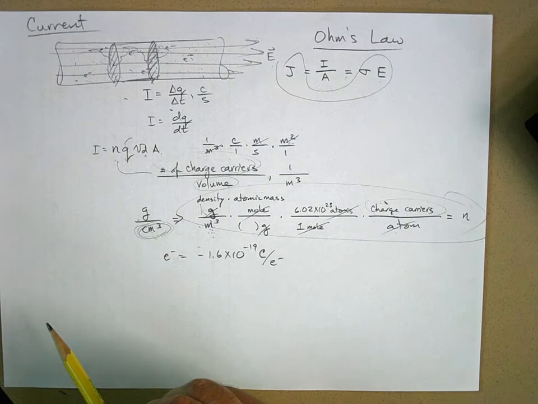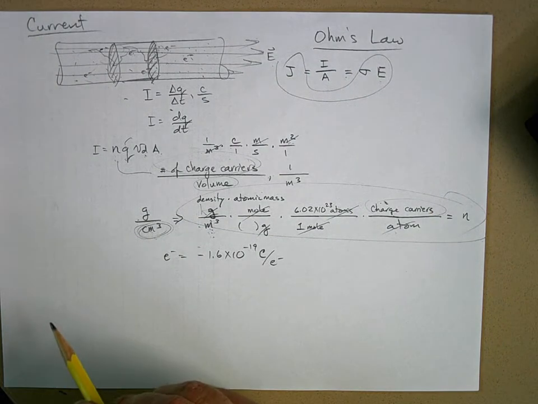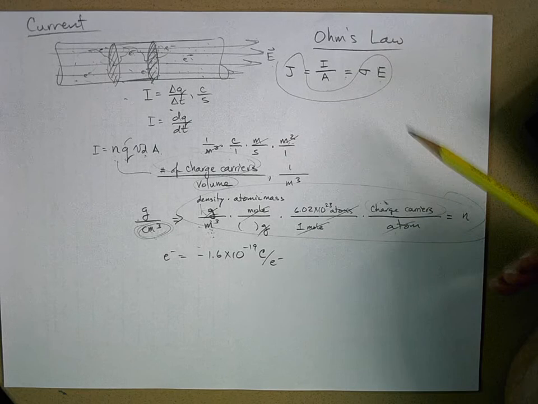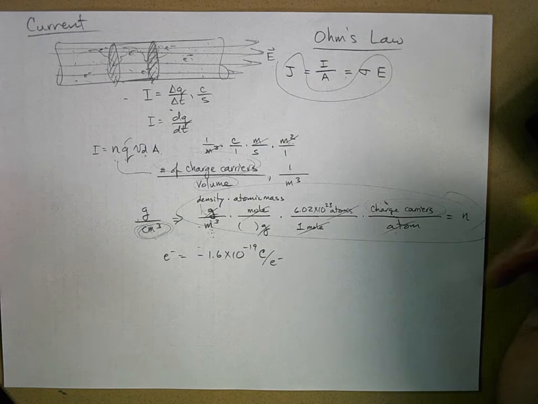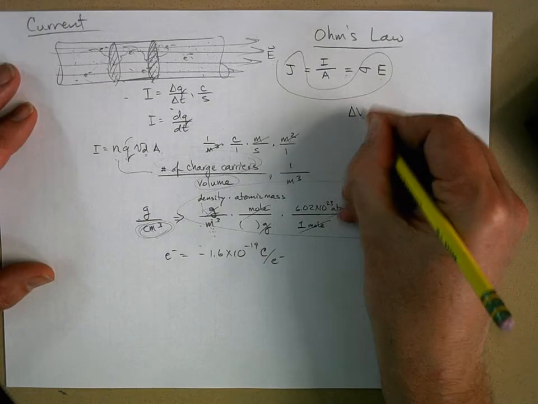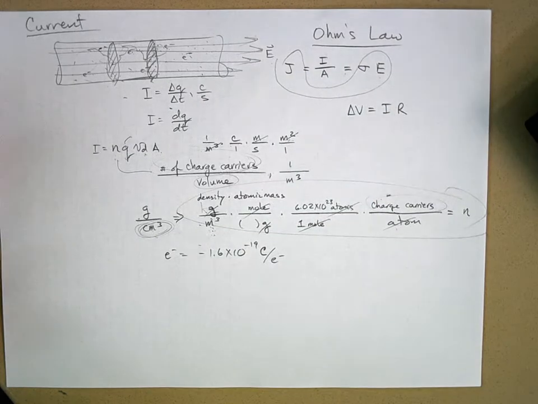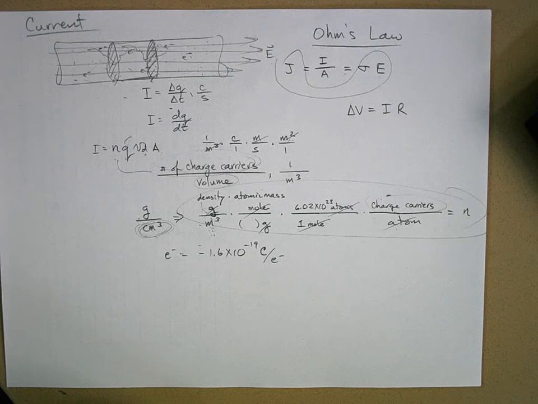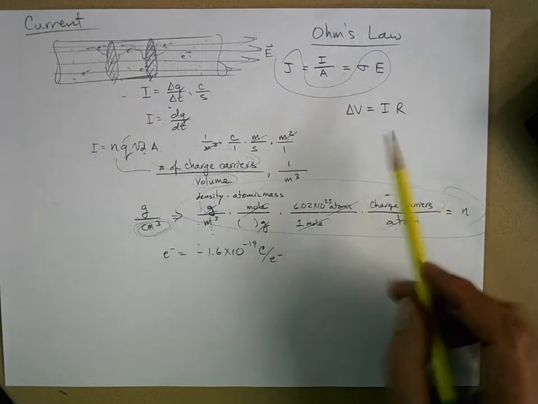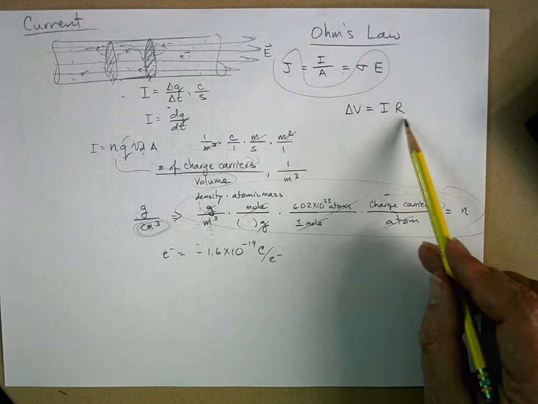And if you want to know how we get from there to the Ohm's law that we know and love, which is the voltage drop across a wire is equal to current times resistance, go back and rewatch the lecture for that. I'm not going to cover that for this review. But one thing we have here is this resistance.